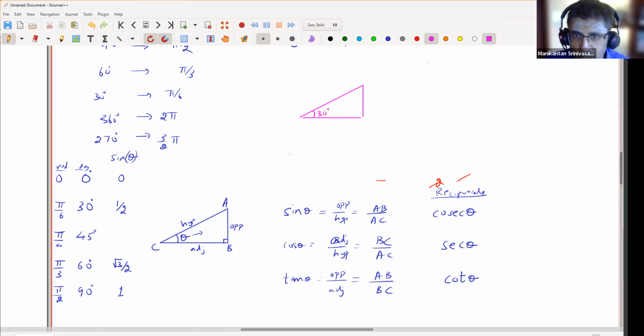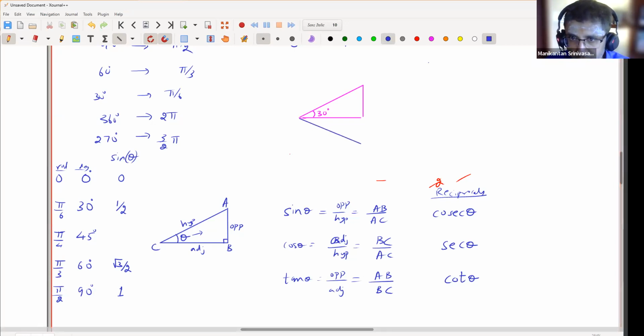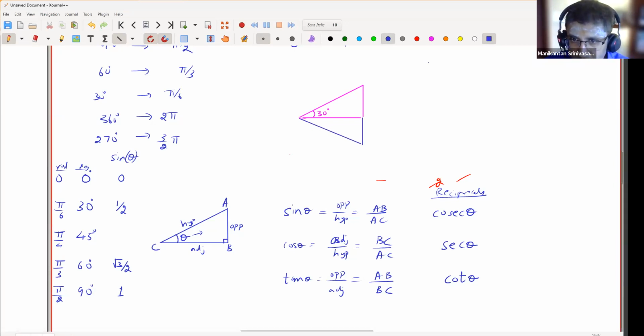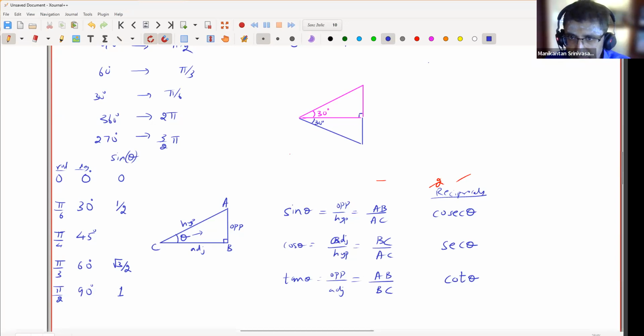Now I can symmetrically draw another 30 degrees below. This will help me evaluate all of these. So effectively this has become a 60, 60, and 60, which is an equilateral triangle.